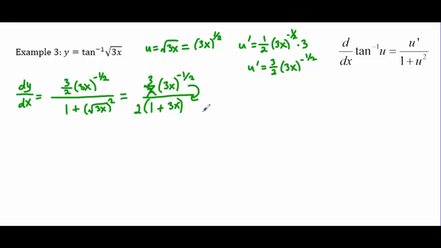Not only would it have a positive exponent, when we did that, we would be able to change it back to a square root. So our answer to this would just have 3 on top, and would have, it doesn't necessarily matter the order you put this in, 2 square roots of 3x, and in parentheses 1 plus 3x. And I don't need to distribute or anything. I can just leave it like this for my answer.